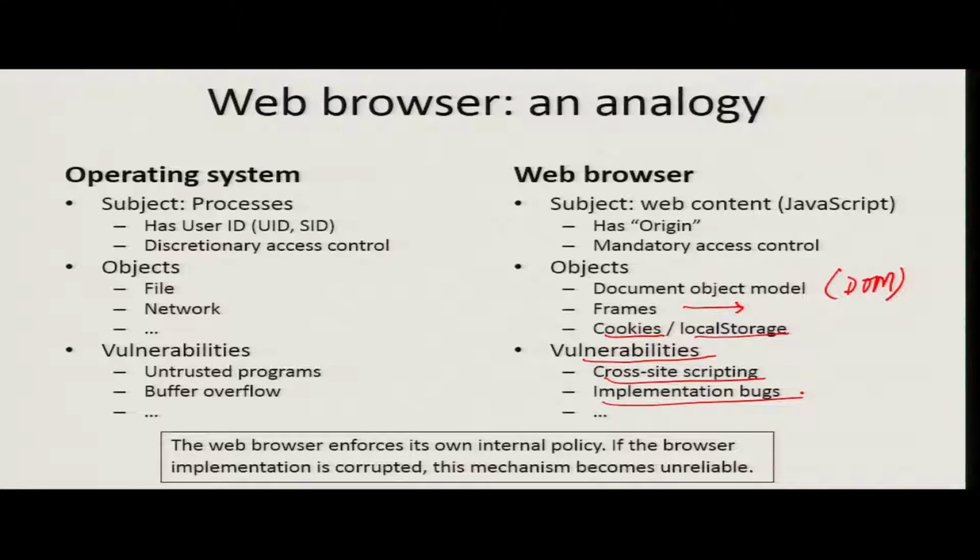The web browser enforces an internal policy, and as we will see later, different web browsers, based on the company that makes the web browser, have different policies, and therefore sometimes the policies have to be changed, and over time, for example, Firefox today has a different security policy than it had when it first came. If the browser implementation has bugs, then you can also use all the program vulnerabilities that we saw before, buffer overflow and so on and so forth, and that could break the isolation.